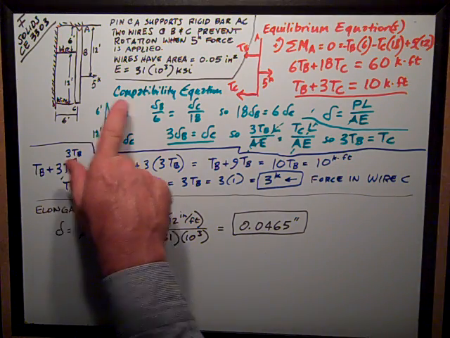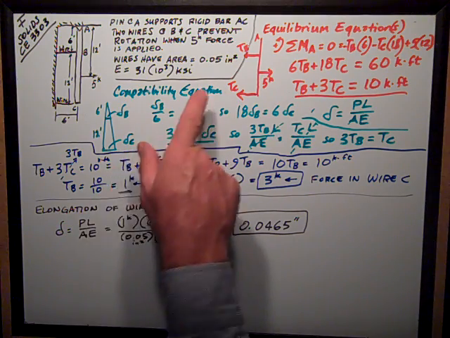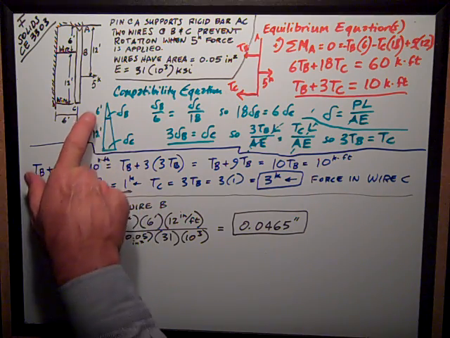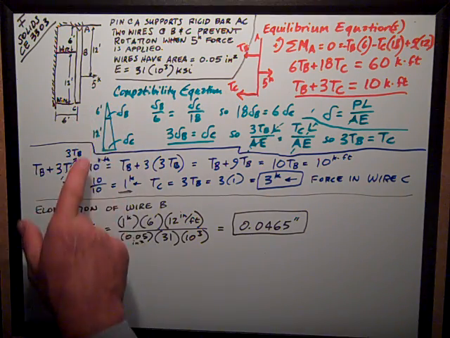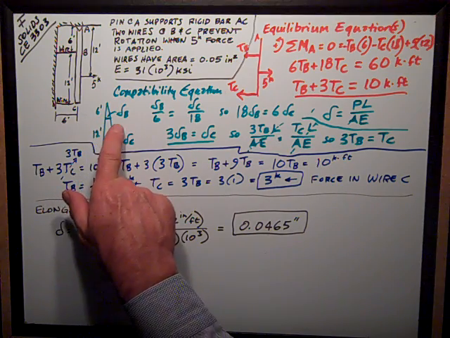Next part was a compatibility equation. Give the compatibility equation. So that's based on deformation. Because the bar is rigid, it doesn't bend, so I draw this little triangle.